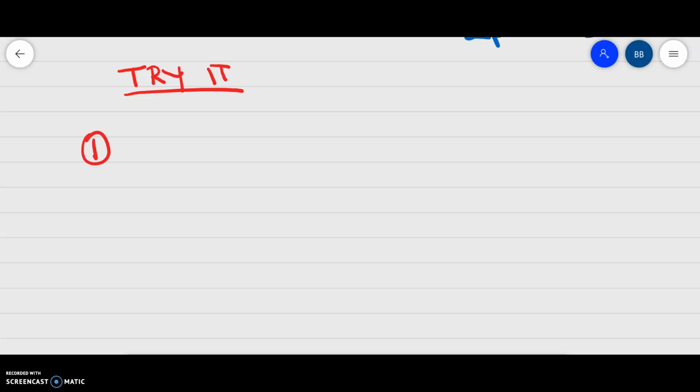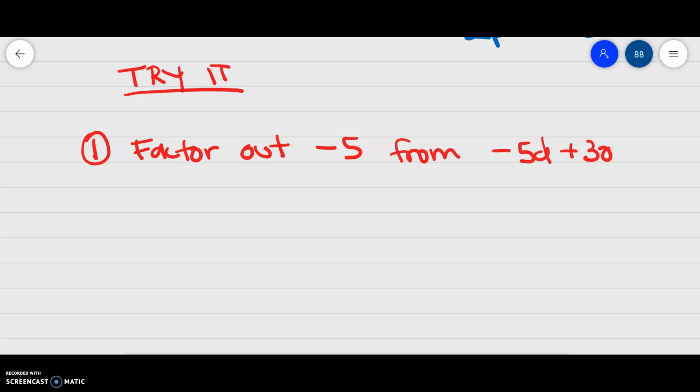So the first one is factor out -5 from negative 5d plus 30.